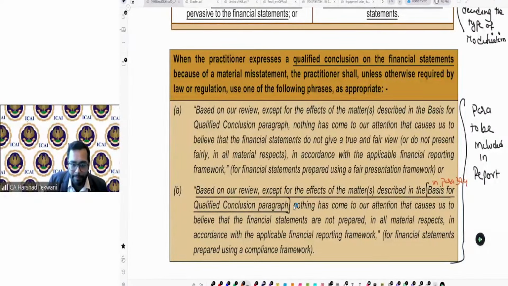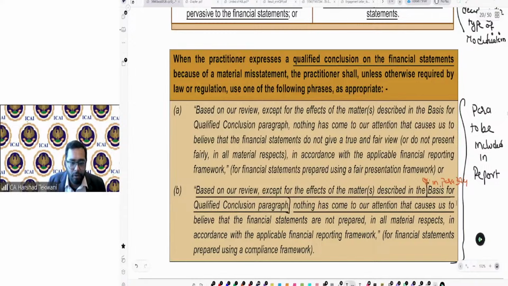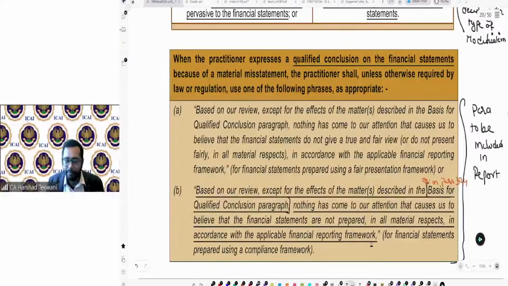So, except for the matter described in paras 3 and 4, nothing has come to our attention that causes us to believe that the financial statement is not prepared in all material respects in accordance with the financial reporting framework. Clear? Any doubt?